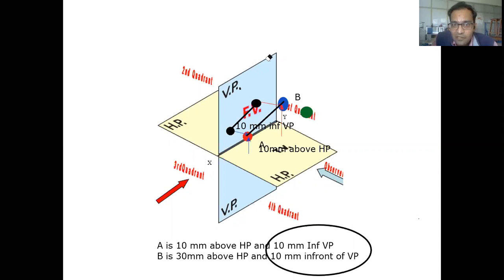Okay, the green point is point C. And for this point, I'm indicating the data that point C is 30 mm above HP and 30 mm in front of VP. So now this particular line is going to be aligned to the vertical plane also. It is already inclined to the horizontal plane and it is going to be inclined to the vertical plane. I hope you are understanding this.